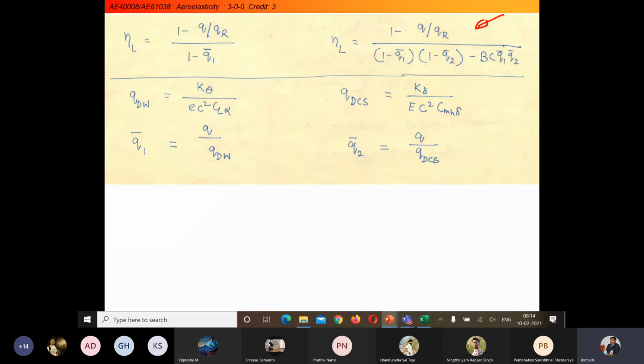So apparently in the denominator part, we are having 2 different values of Q, and the condition for divergence will be obtained from here.